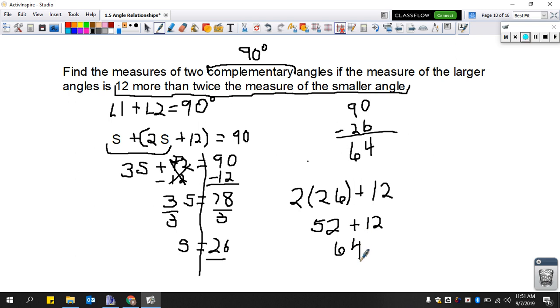Okay, so that's how you do the problems using complementary and supplementary angles. If it would say the measure of 2 supplementary angles, obviously instead of having a 90, we would have 180.